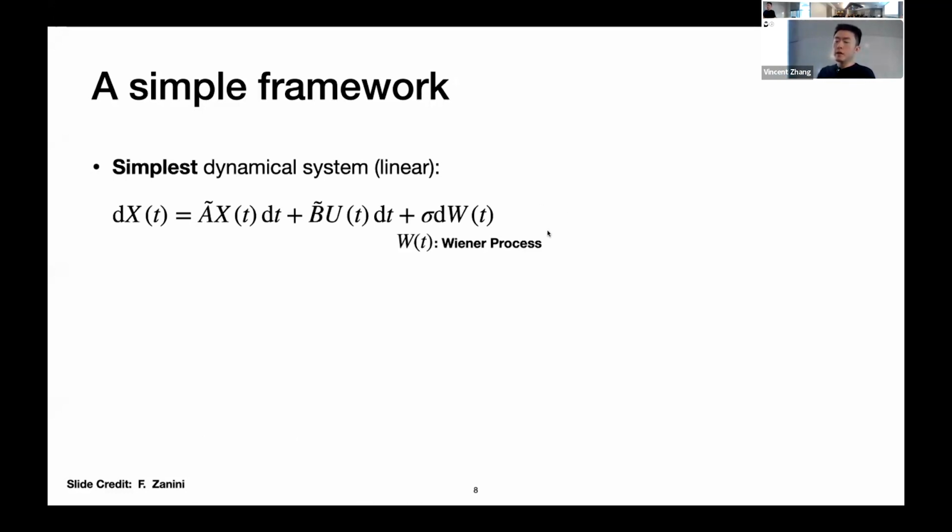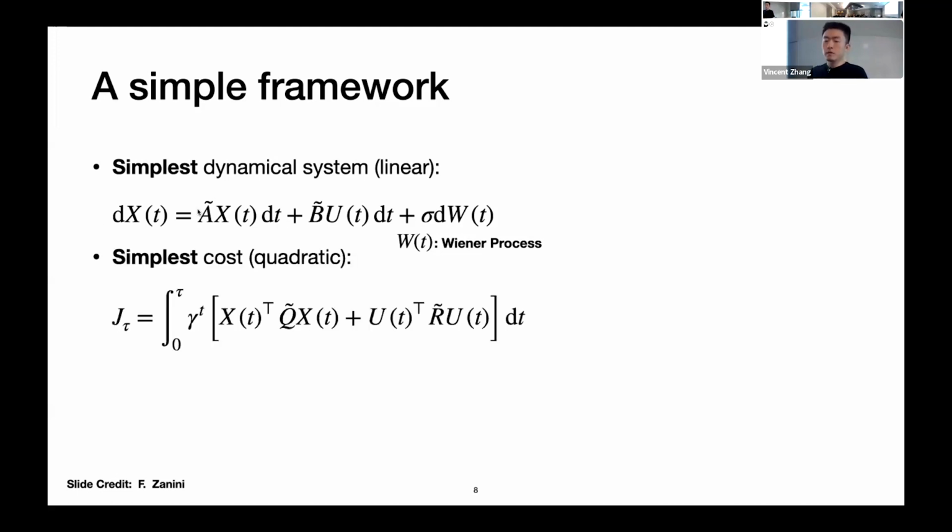And here the W_t is a Wiener process. It's also called Brownian motion. And A tilde and B tilde are some matrices, and X is the state and U is the control.